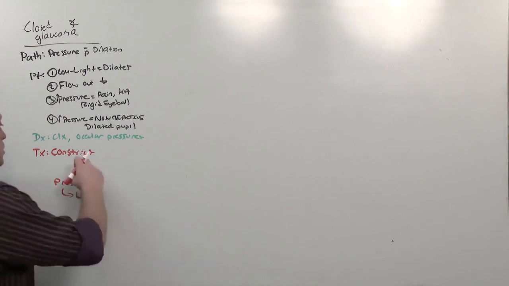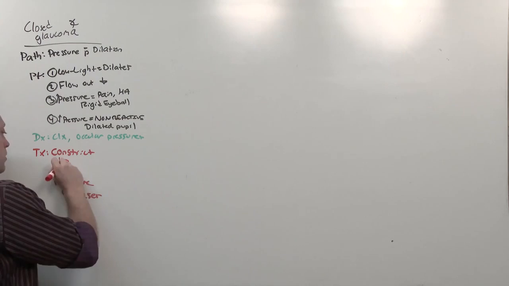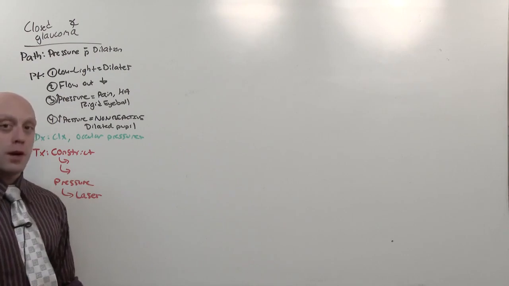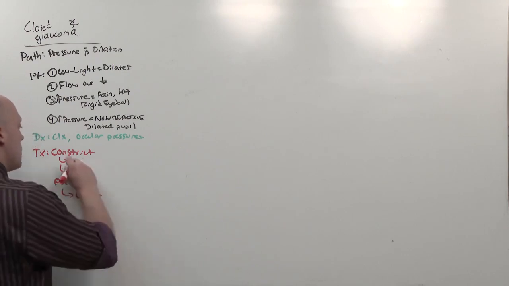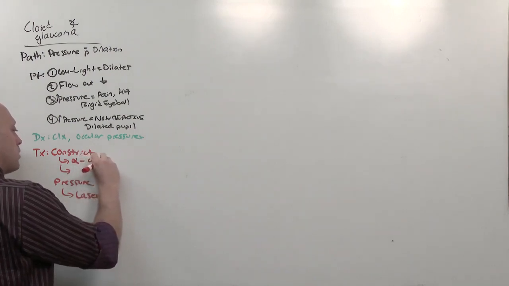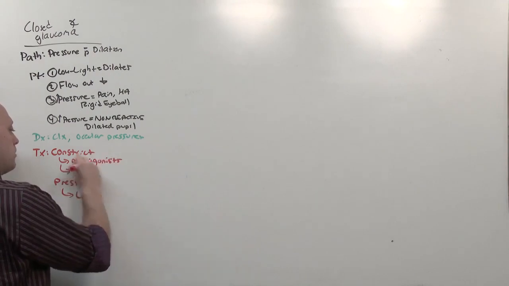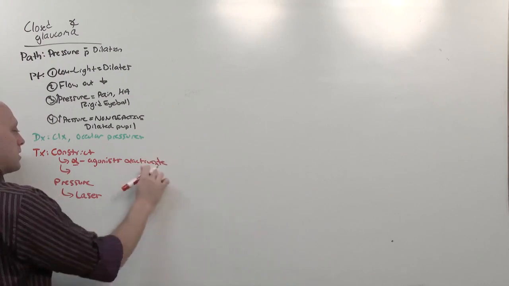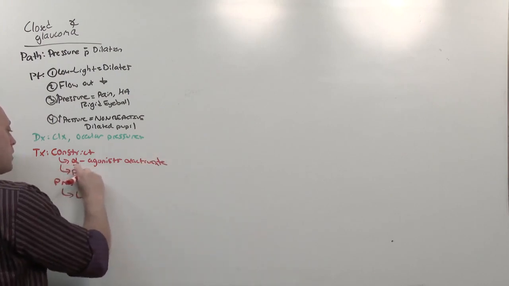And then to constrict the pupil, I don't remember alpha, beta in the eye. I just remember the therapy for this, and I go from there. I know I want to constrict the pupil, and then I use the mnemonic: activate alpha, block beta.